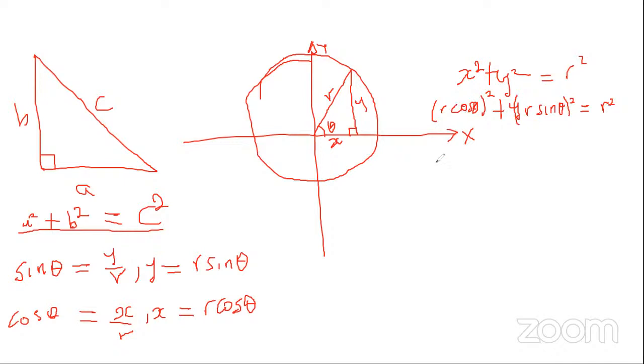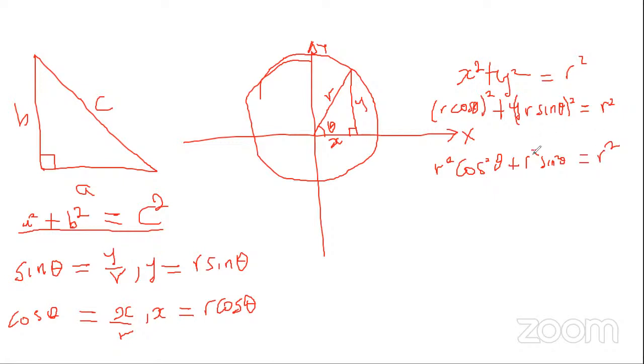When we open brackets, it is going to be r squared cos squared theta plus r squared sine squared theta is equal to r squared.